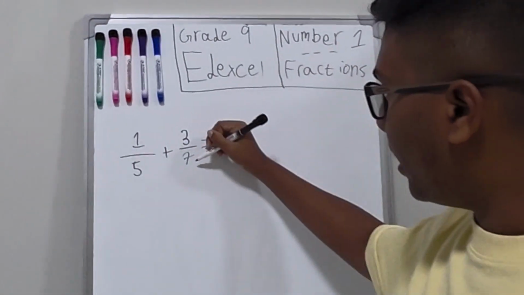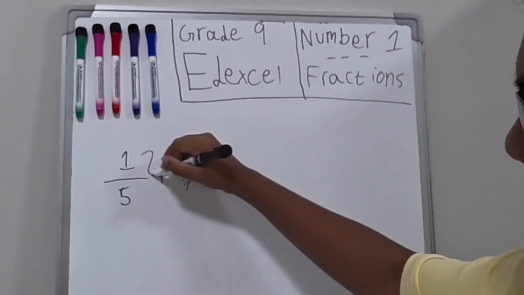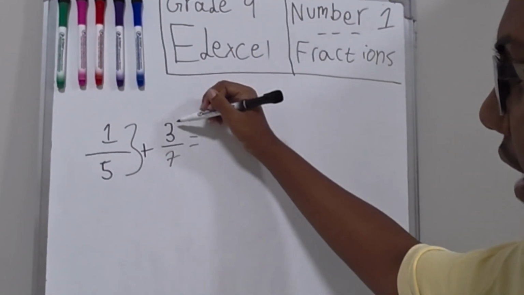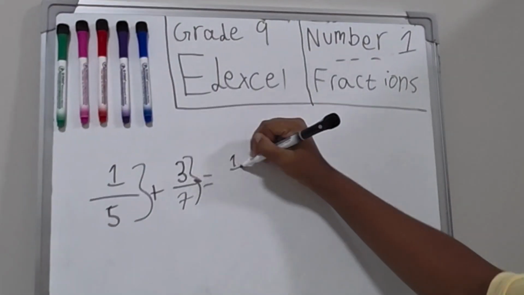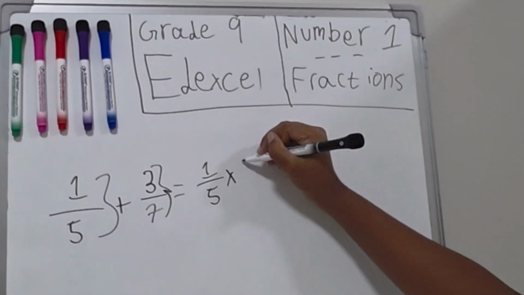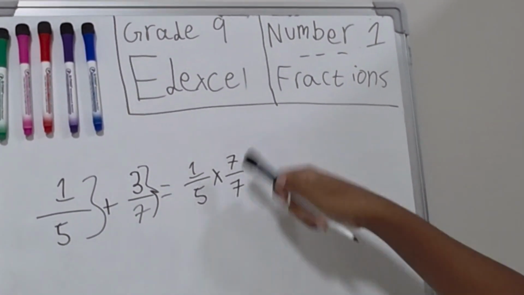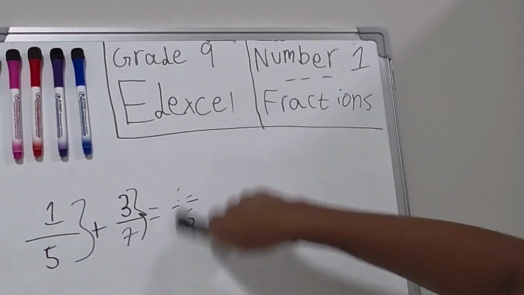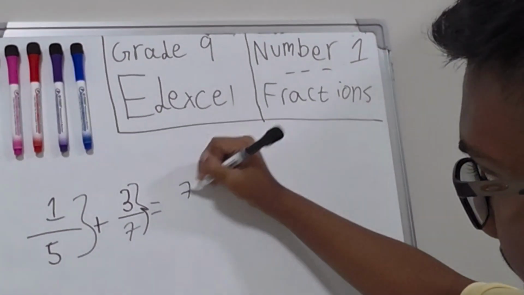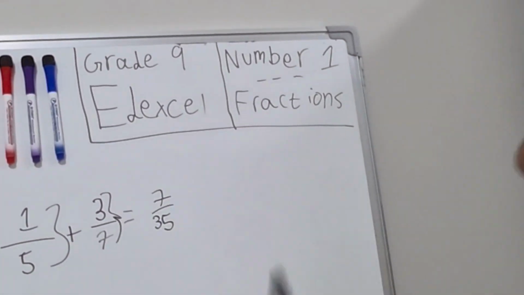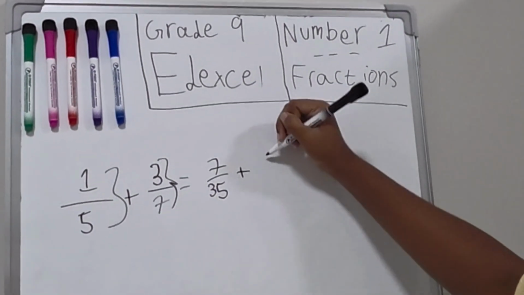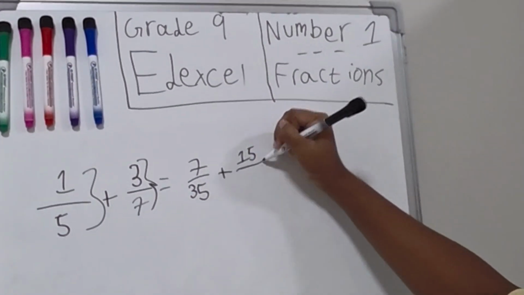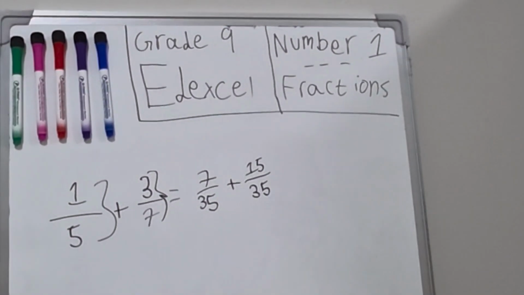So in this case, 7 would multiply by this entire fraction, and 5 would multiply by this entire fraction. So 1 over 5 times 7 over 7. In this case, that would be 7 over 35. Then you would multiply 5 by this fraction and get 15 over 35.